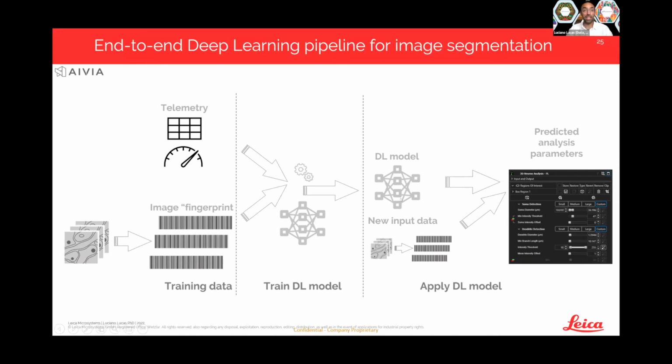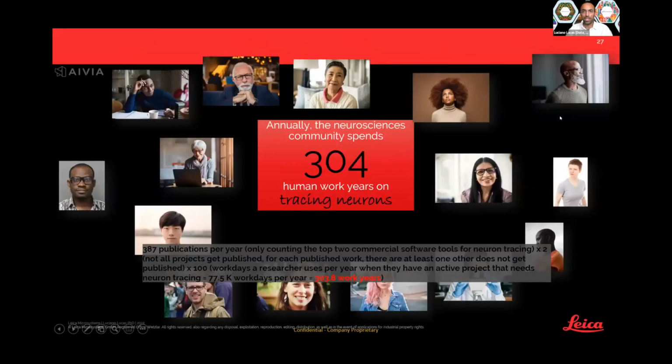Given a new image that we convert to a fingerprint, that monster model can predict all of these parameters needed to get a good result for that new image. So that's the concept. That's what we have implemented currently. Now some results.